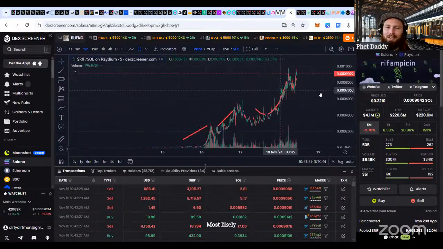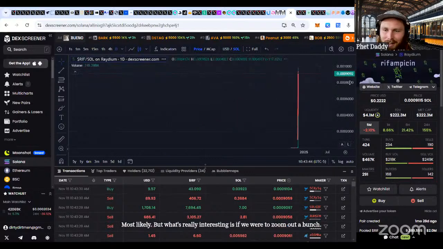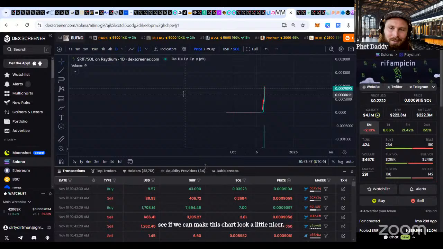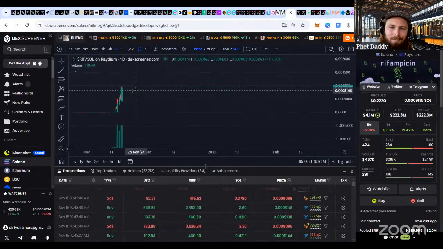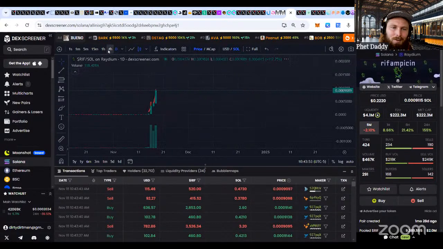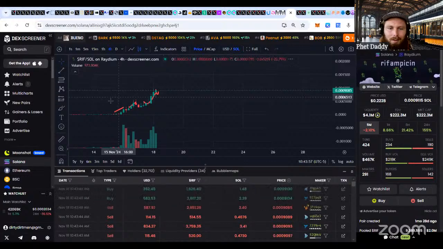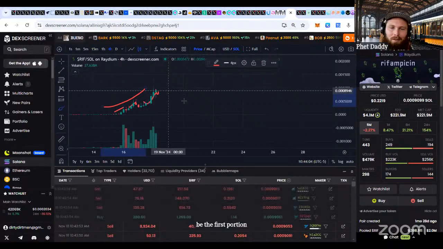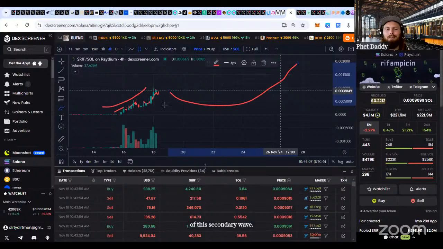But what's really interesting is if we were to zoom out a bunch, see if we can make this chart look a little nicer, this movement could actually be the first portion of this secondary wave, which is only determined by the market.